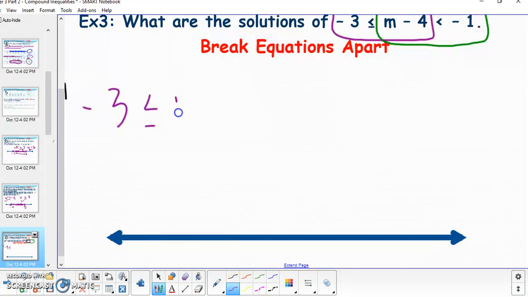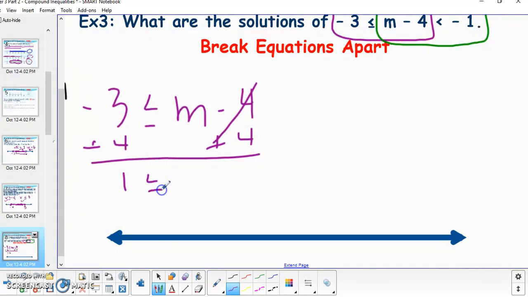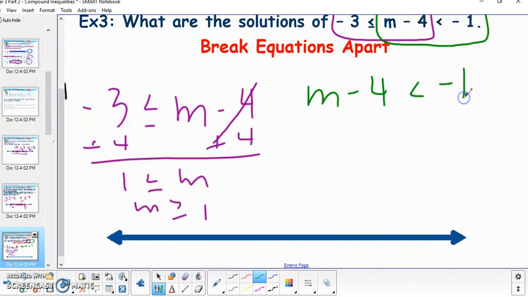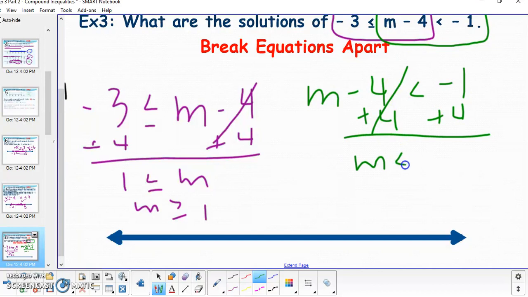So let's give it a try. -3 is less than or equal to m - 4. I add 4 to both sides. I get 1 is less than or equal to m, or m is greater than or equal to 1. Usually we like the variable first. My second inequality, m - 4 is less than -1. I add 4 to both sides. m is less than 3.